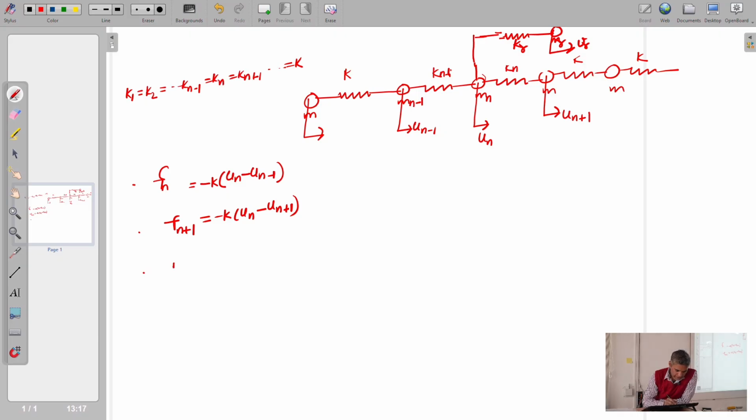So, the force applied by the piezoelectric material on the mass Mn is what? That is minus K, Un minus Vn. Yes.